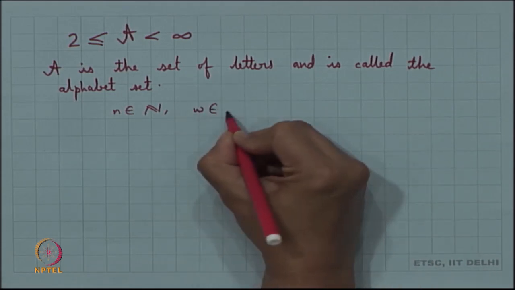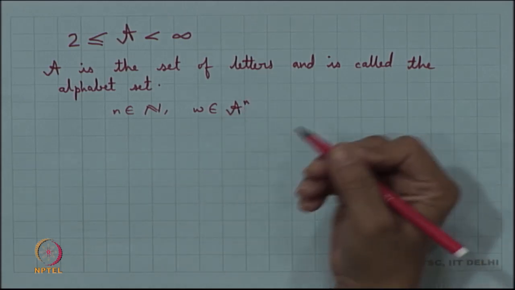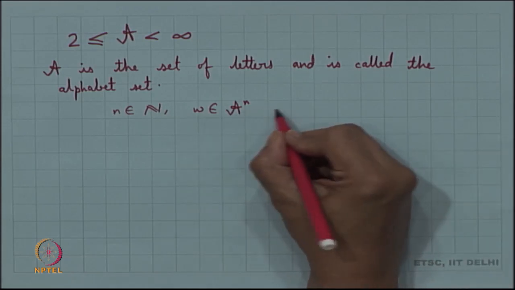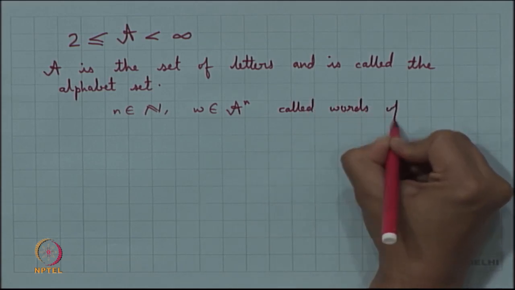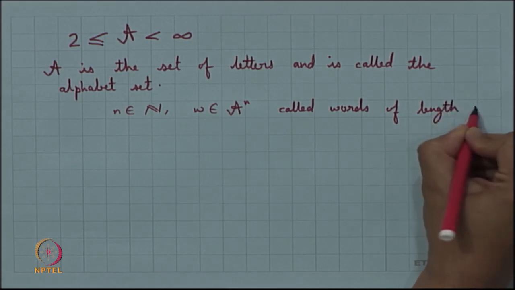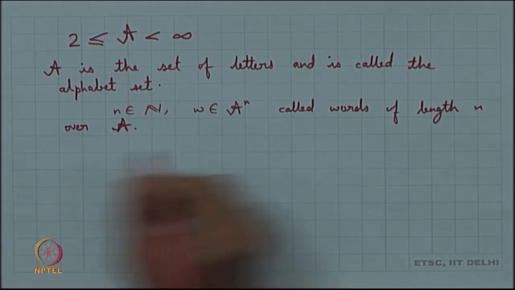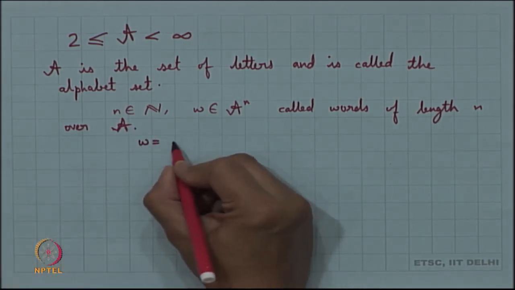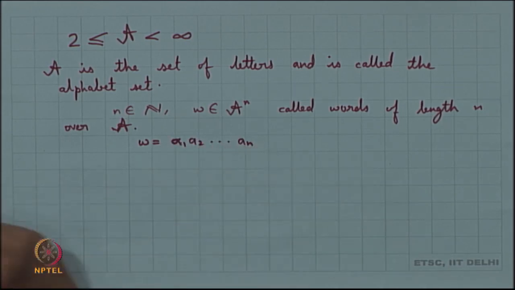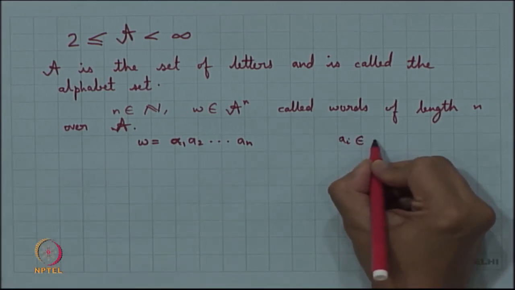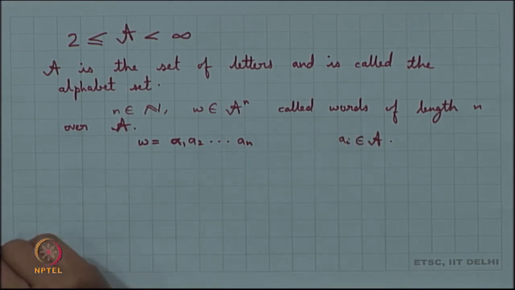If W belongs to A to the power n, then these are called words of length n over A. What that means is that W can be written as a1, a2, ..., an, where each ai belongs to A. So, these are words of length n on A.